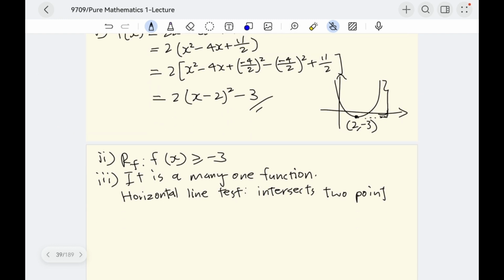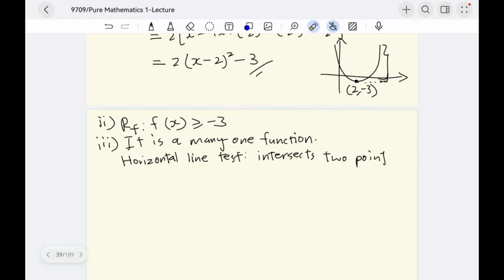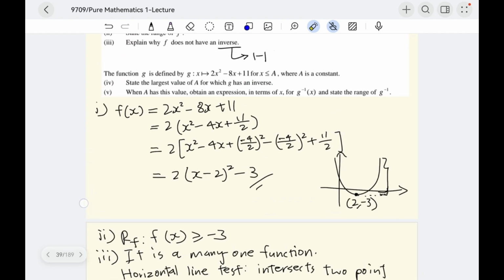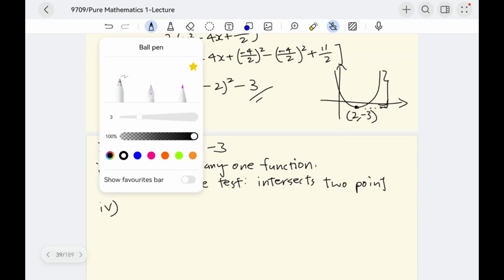But you need to write the keywords of many-to-1 and intersects 2 points. Regardless of how good your grammar is, you must let the examiner see that you've written these keywords inside this question.